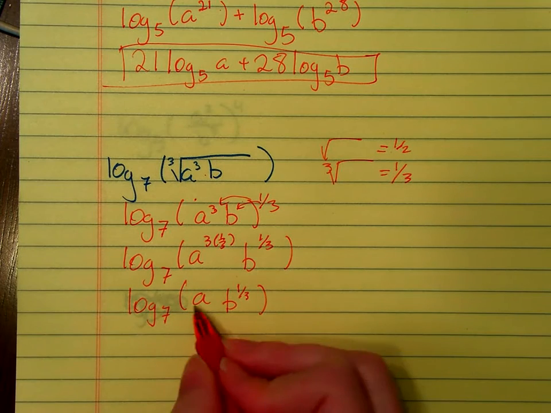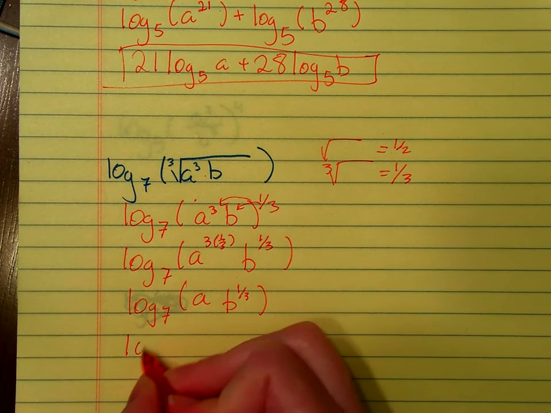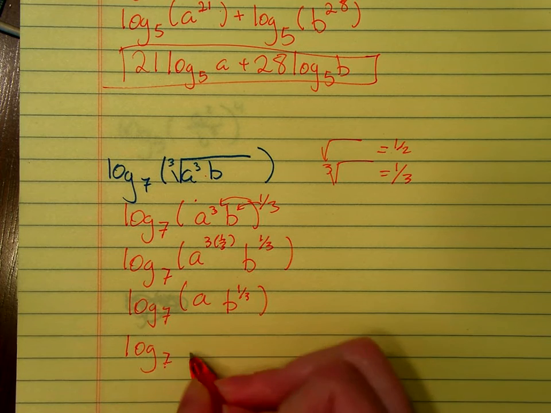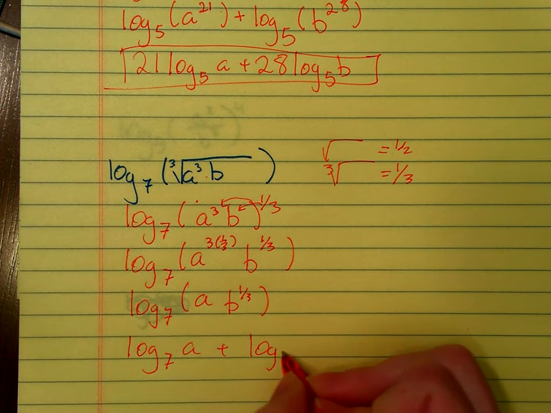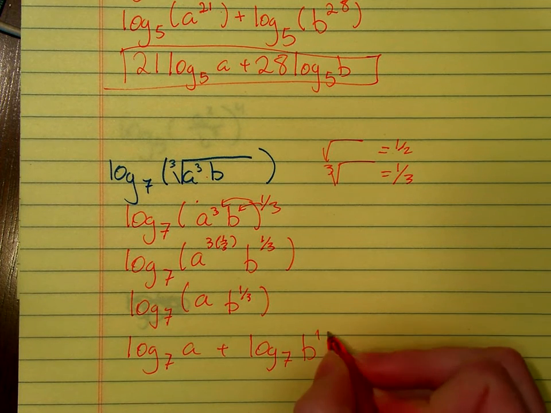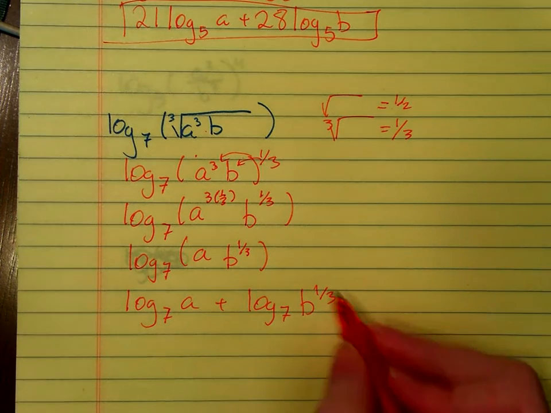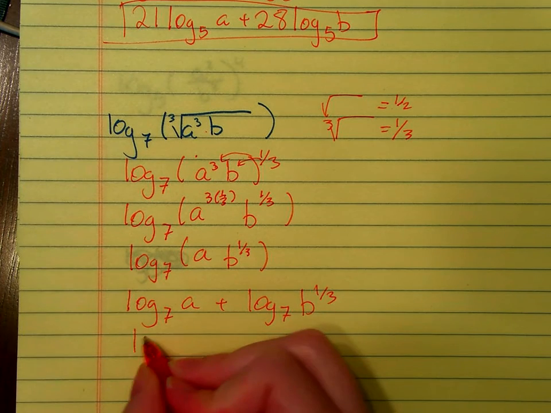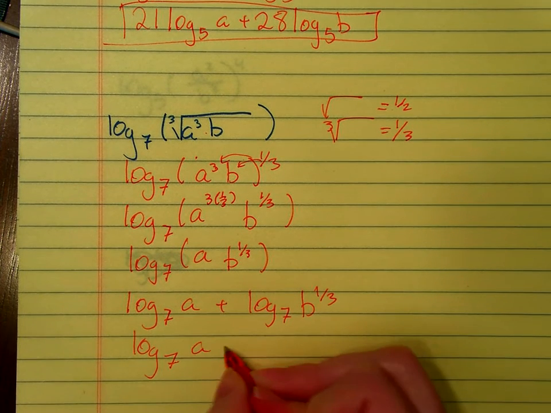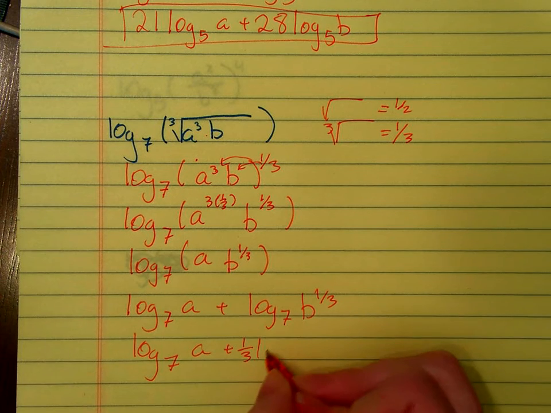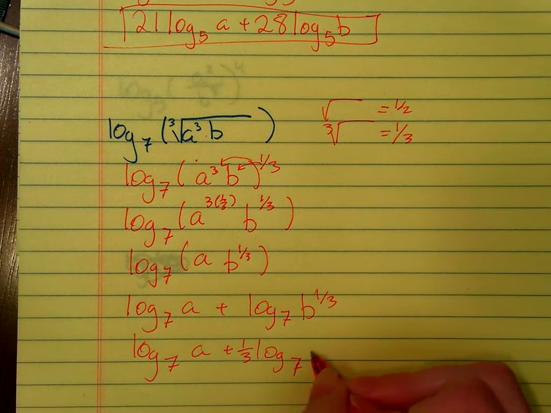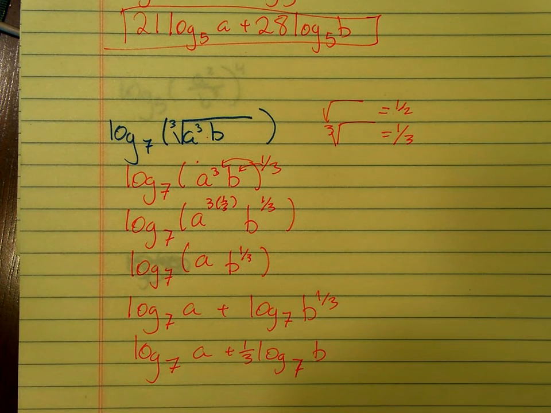Now I can change this into addition because I have multiplication: log base 7 of a plus log base 7 of b to the 1/3. And then I have one more step. My exponent gets brought out front, so that becomes log base 7 of a plus 1/3 log base 7 of b. And then I'm done.